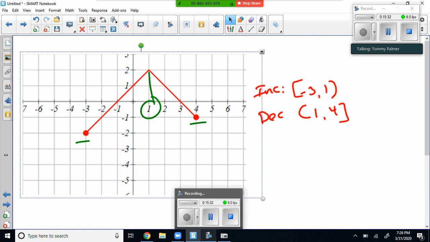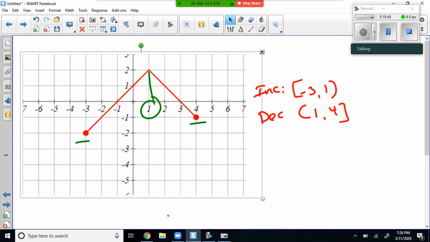Yours is different than mine. See, everybody has the same type of question, but different numbers. So for the endpoint ones like this, it should be a bracket.